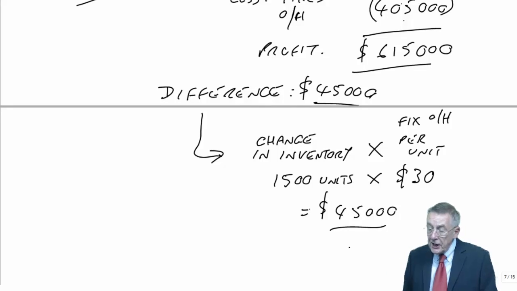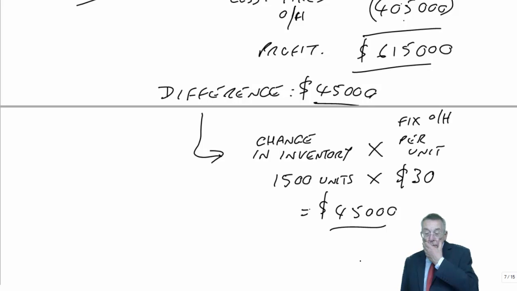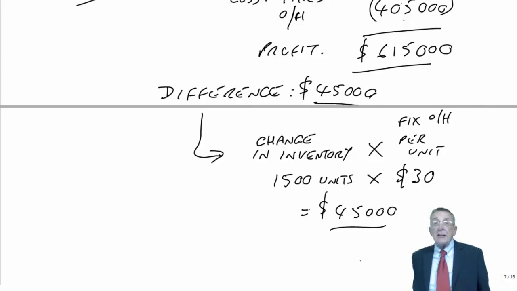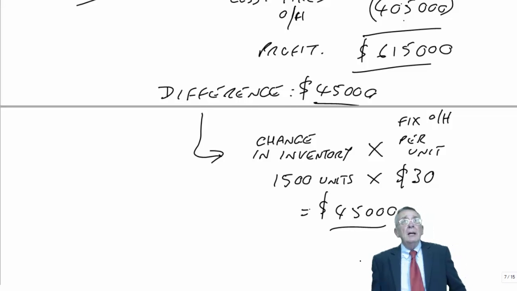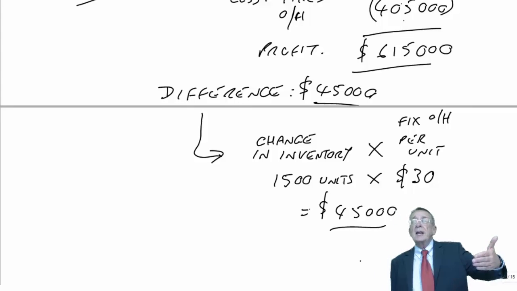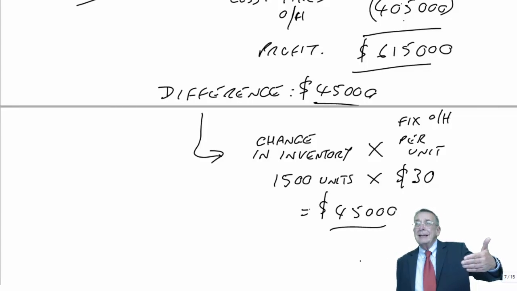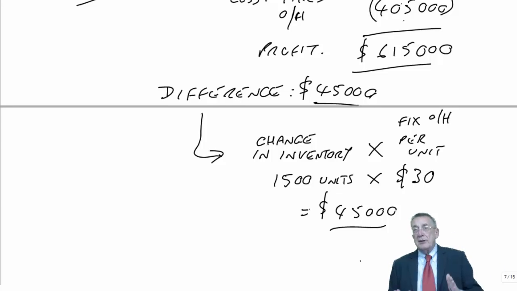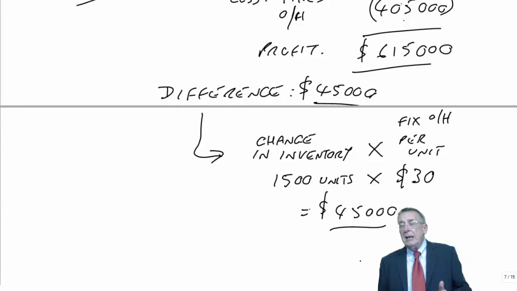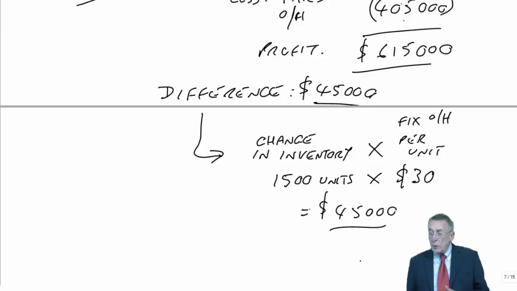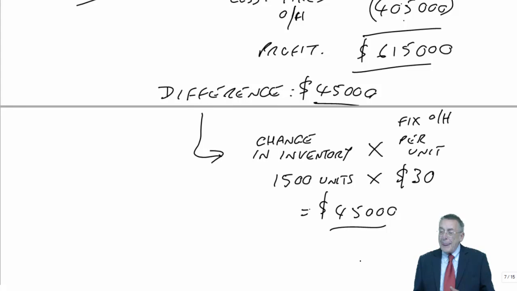Finally, do appreciate that in this particular example, the profits are different by 45, and absorption gives the higher profit. And it will do if inventories are increasing. If inventories increase, absorption gives the higher profit.